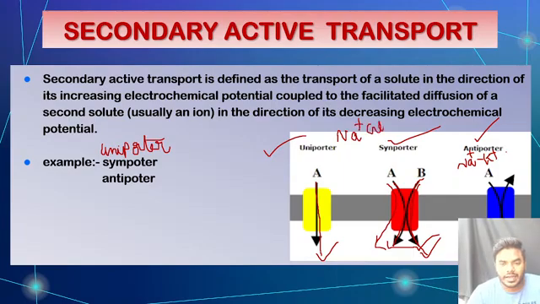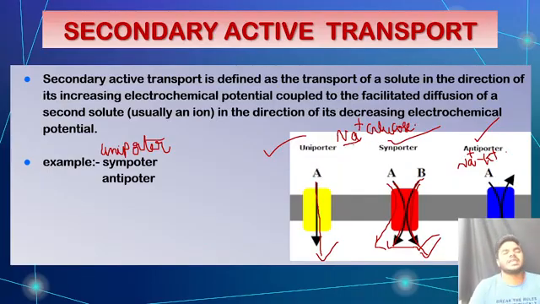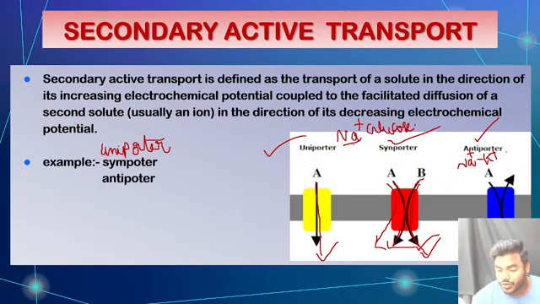In human physiology I told you, if glucose wants to be transported into the body cells, it is compulsory that glucose requires sodium. So friends, sodium and glucose are moving in the same direction. Kindly don't forget that point.